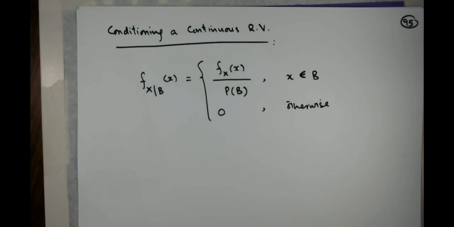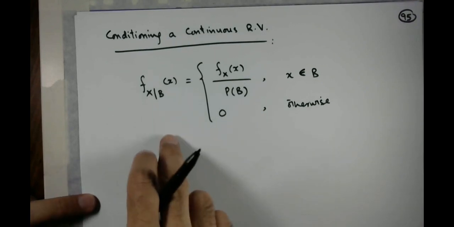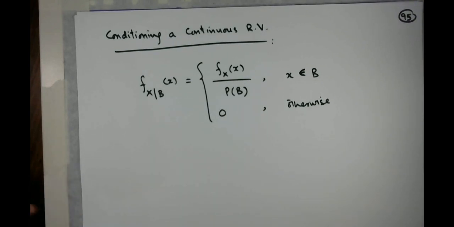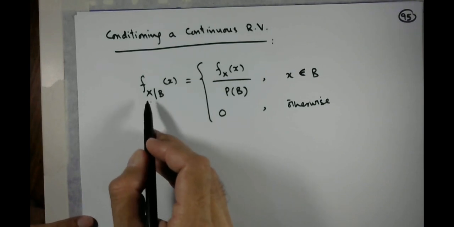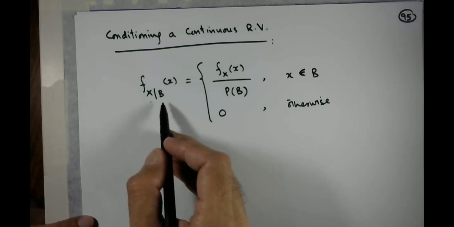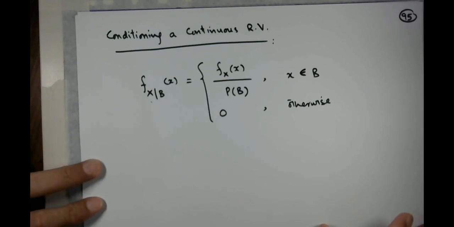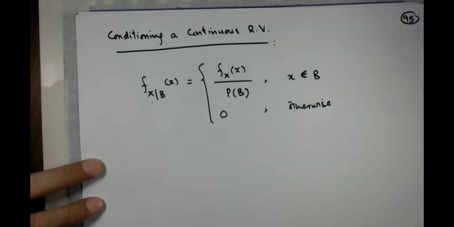I'll do a quick example which will clarify the concept, but remember, this is how we find the conditional PDF of a random variable given b has occurred. I'll solve an example for this topic and then we'll end the lecture.